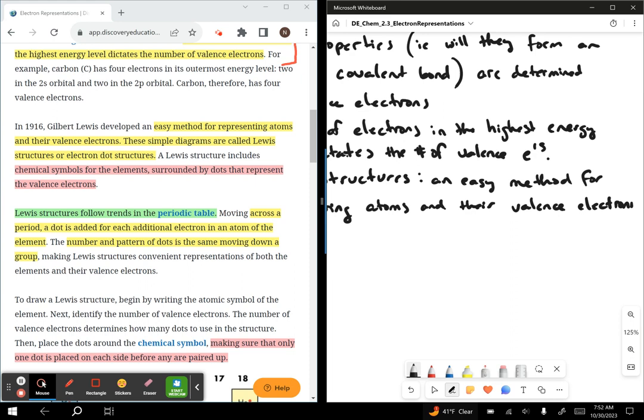Okay. So in general here, as you can see in red here, you simply have the chemical symbol surrounded by dots.